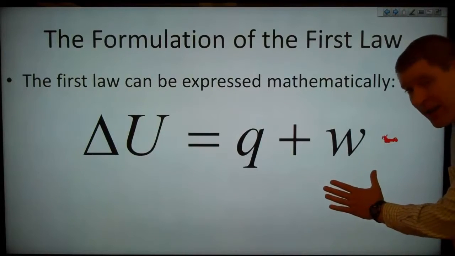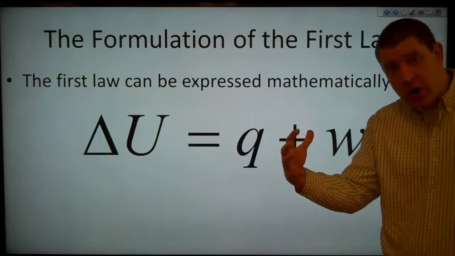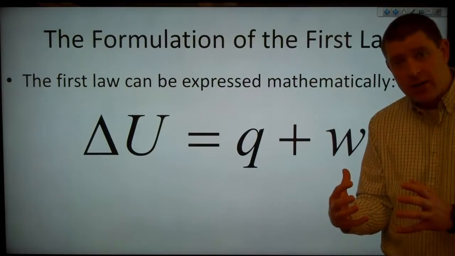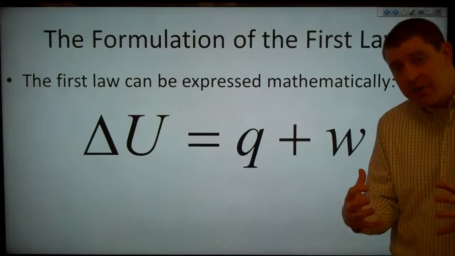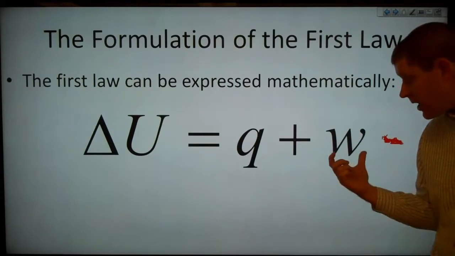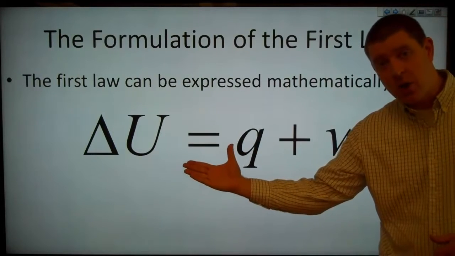Likewise, for W, if the surroundings are doing work on the system, say compressing an ideal gas into a smaller volume, the energy of the system is going up. Work is being done on the system, so W is positive.